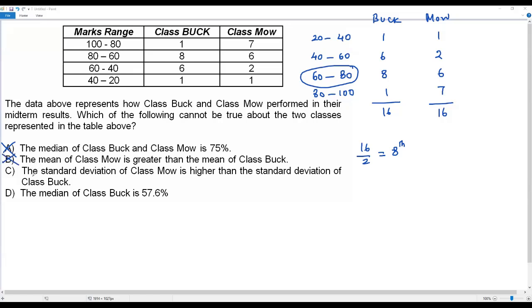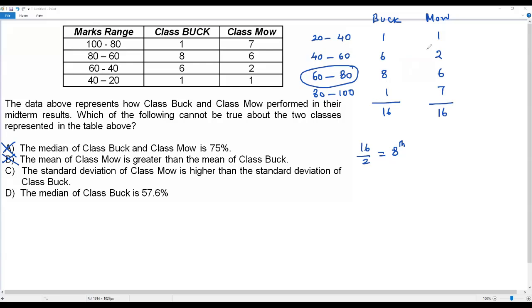Okay, now let's go to answer choice C. The standard deviation of class Mow is higher than the standard deviation of class Buck. Standard deviation means we have to measure the spread of the data, how the data got spread. When I consider the frequencies of class Buck, most of the frequencies, 14 out of 16, are in just two classes, 40 to 60 and 60 to 80.